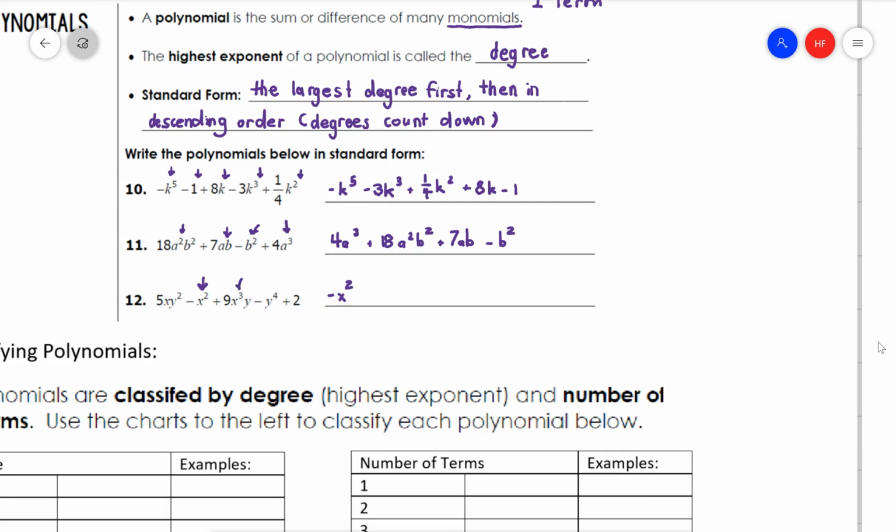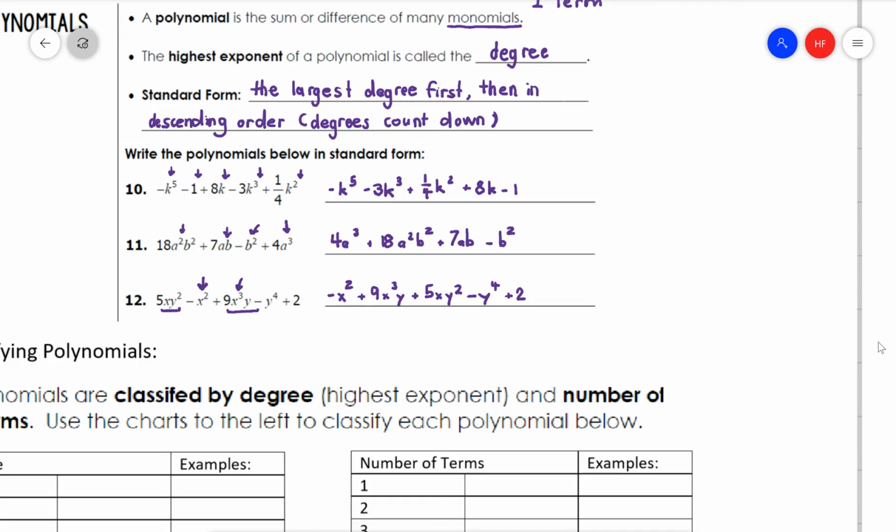We're going to do largest degree of x, since I have two of those, first. So largest degree of x first means 9x cubed y. Then the positive 5xy squared. Then our negative y to the 4th, since that one's by itself, and constants are always in the end.